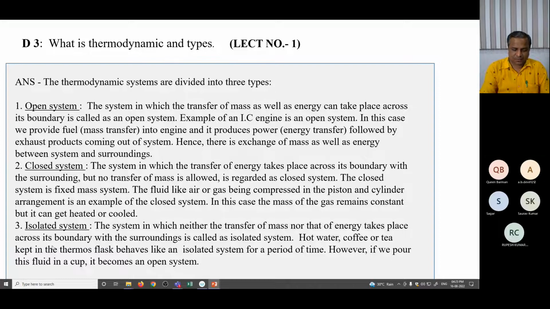In an open system, if you say this is a system, mass as well as energy interaction is possible. Energy interactions can come from heat or work.